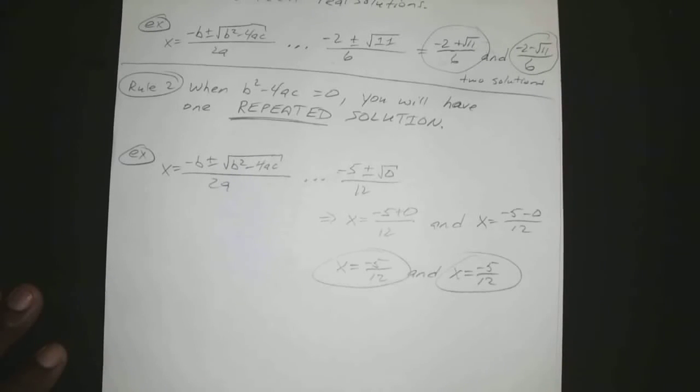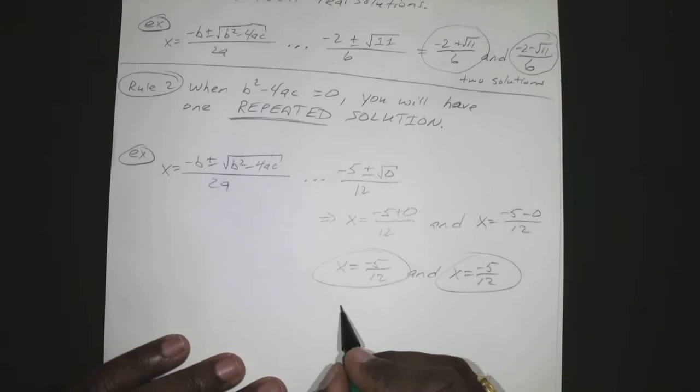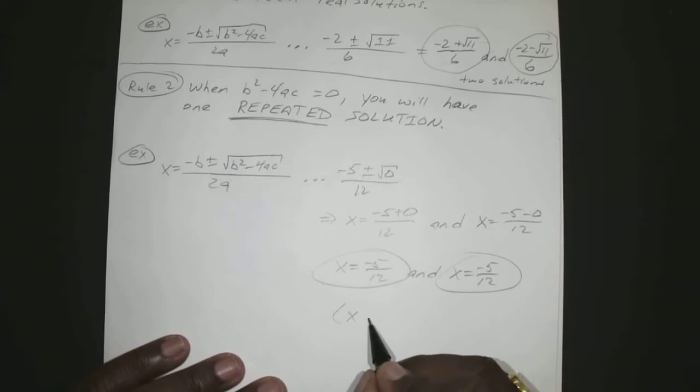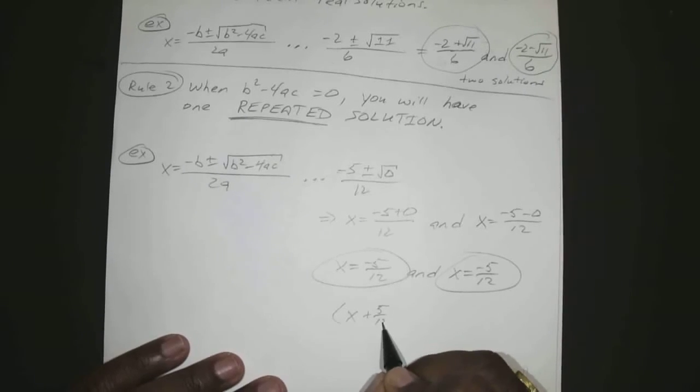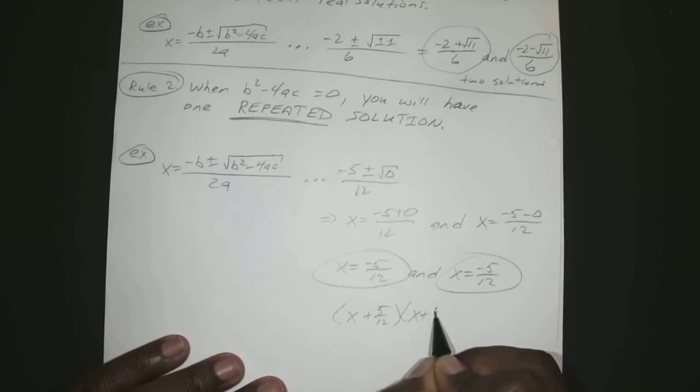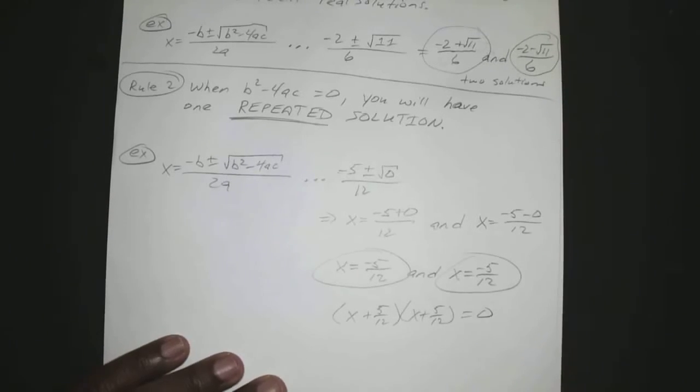Okay. So if you were to look at that as just being factored, it would look something like x plus 5 over 12, x plus 5 over 12 equals 0. So that's how that would look.